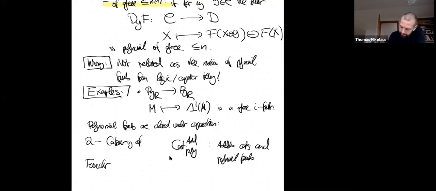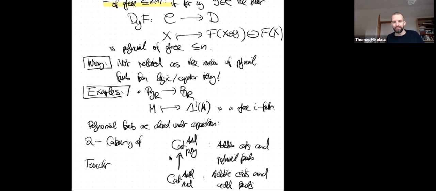And here I have also the category of additive categories and additive functors. And of course, there's a functor like this. Sorry for swearing. So there's a functor like this, which takes, of course, an additive functor is a special case of a polynomial functor. It's a polynomial functor of degree 1. Okay, good. So that is the setup.